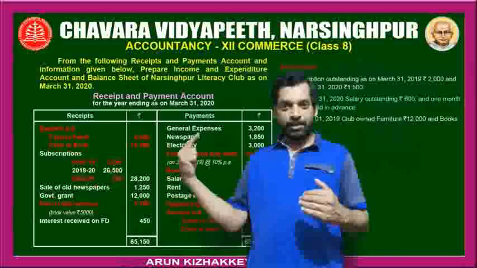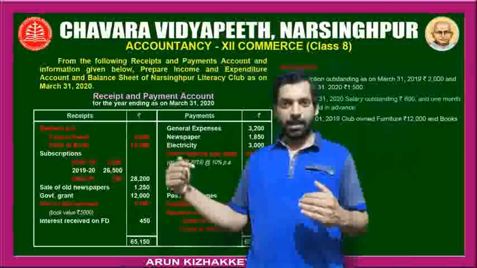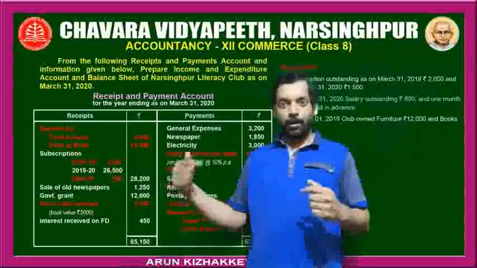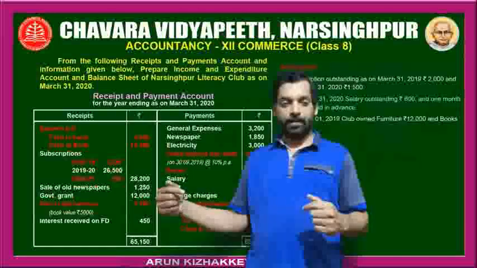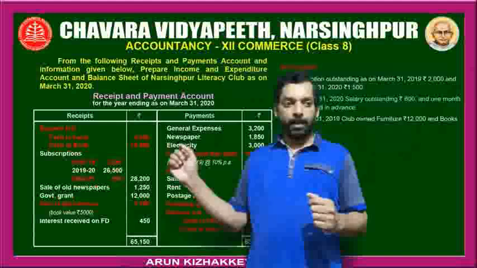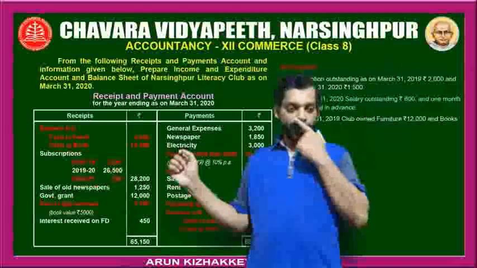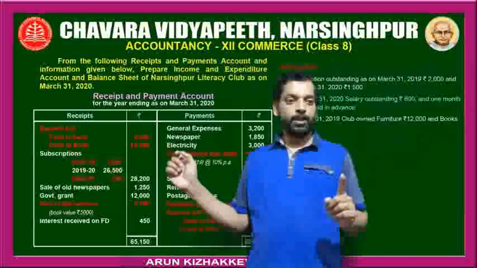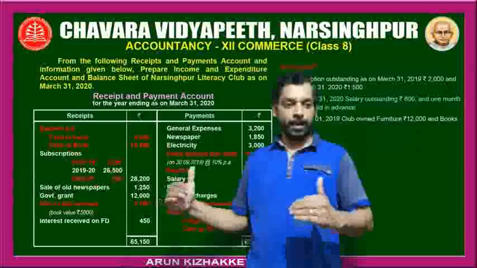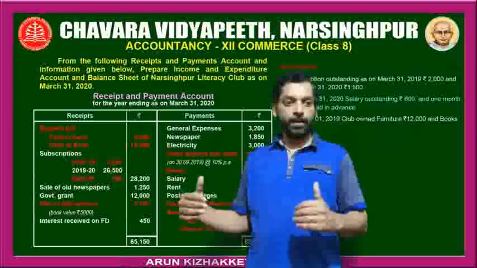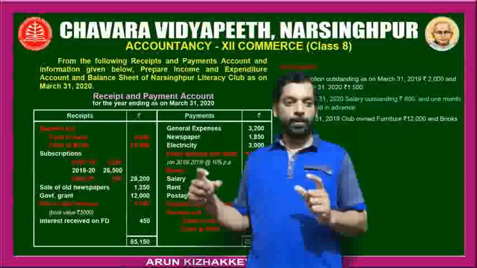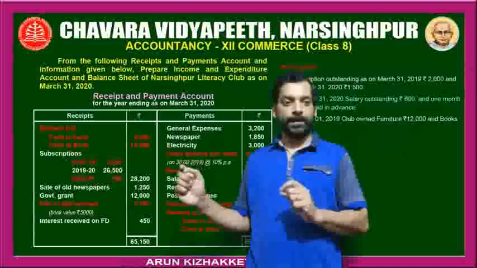Means last year's outstanding paid this year as well as advance of the next year paid this year. See the amounts. 18-19 amount is 1,200. 19-20, 26,500, means belonging to current year. 20-21, rupees 500. Total amount received is 28,200.